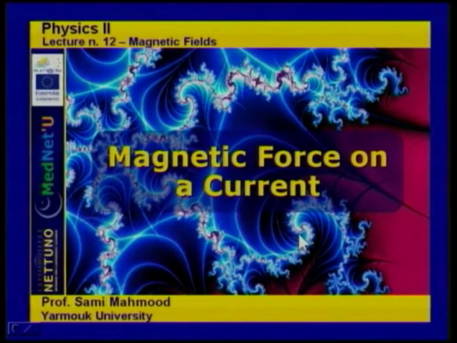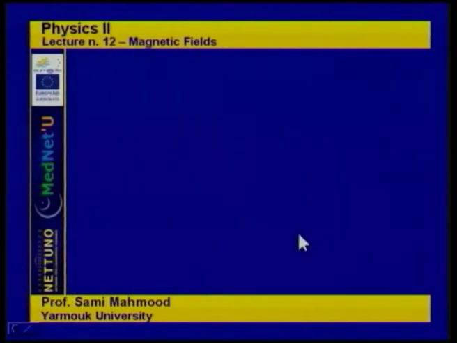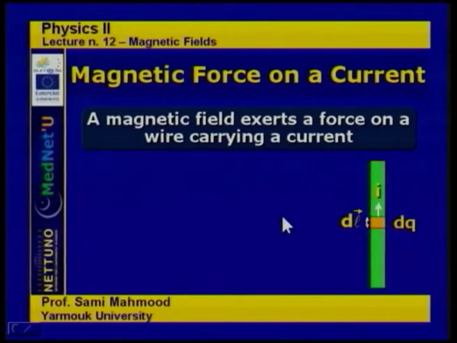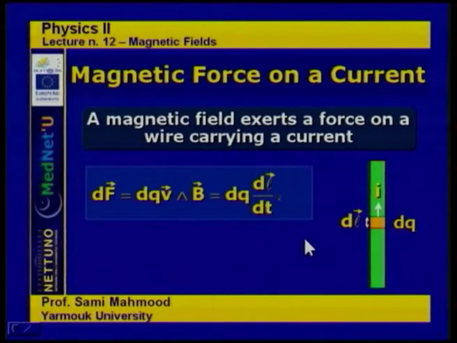Now we move to discuss the magnetic force on a current, because we know that the magnetic field exerts a force on a moving charge. Since the current is a moving charge, we can anticipate that a conductor carrying a current in the presence of a magnetic field should experience a magnetic force. We can calculate this as follows.